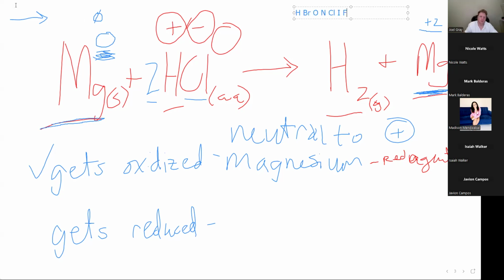These are all diatomic elements, so that means 2 of them pair up to make a compound. That compound is going to be electronically neutral. It has an overall charge of 0. What that means is that this H2 has a charge of 0.